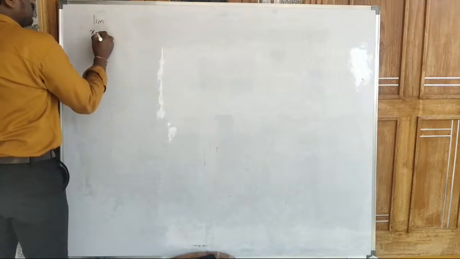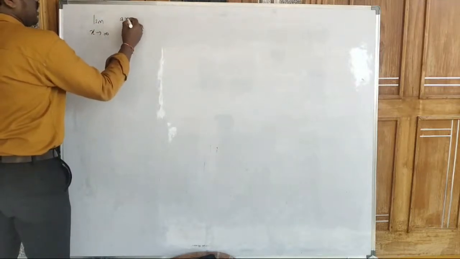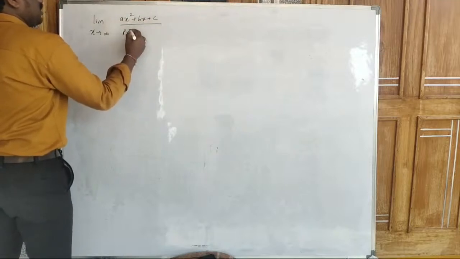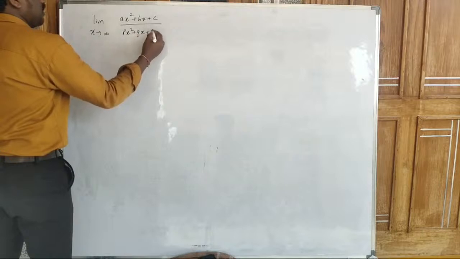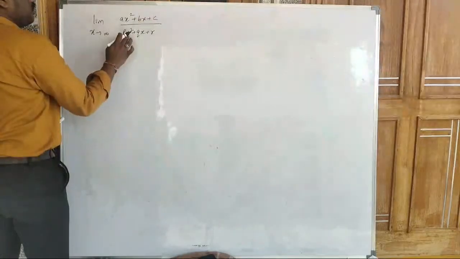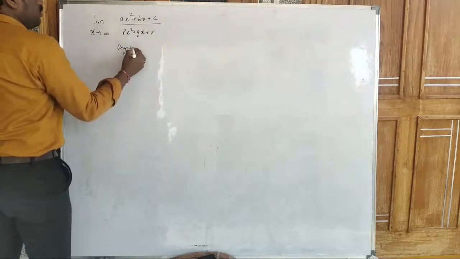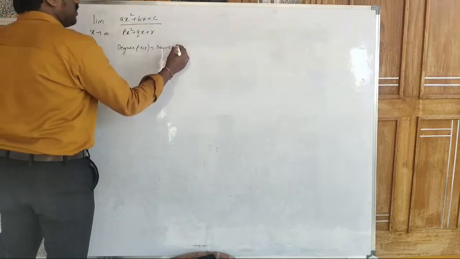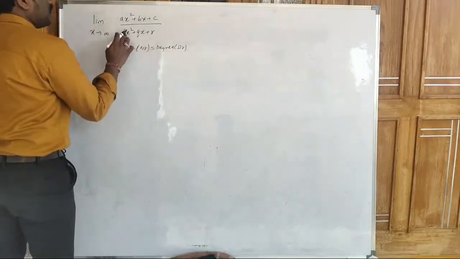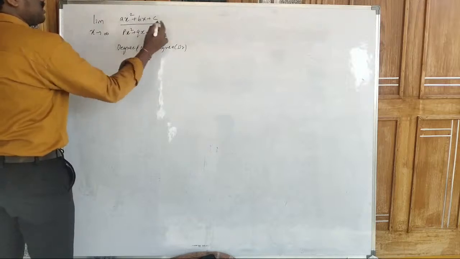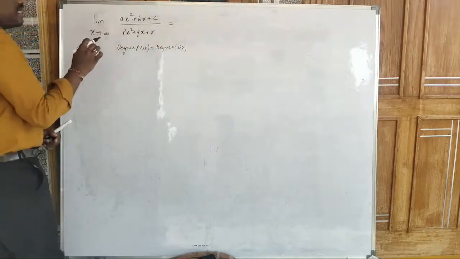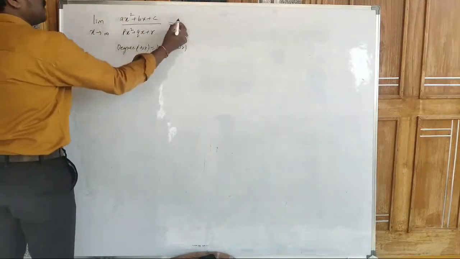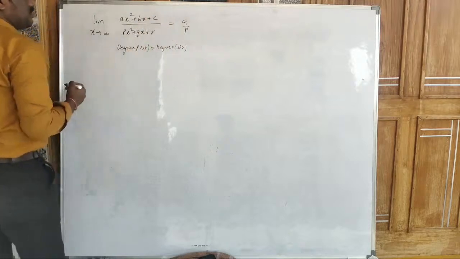Limit x tending to infinity, whenever you have (ax² + bx + c) upon (px² + qx + r), when the degree of numerator and the degree of denominator are the same, the answer is the ratio of the coefficients of the highest degree, so a by p will be the answer.